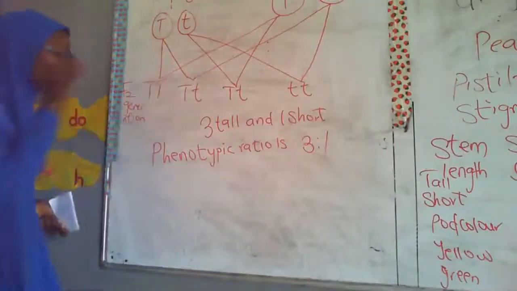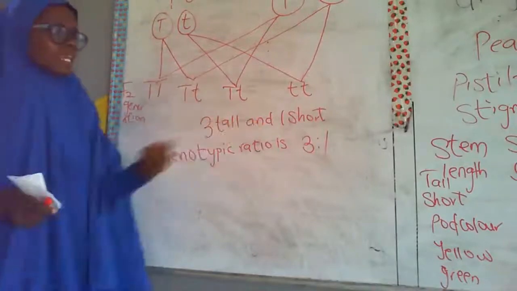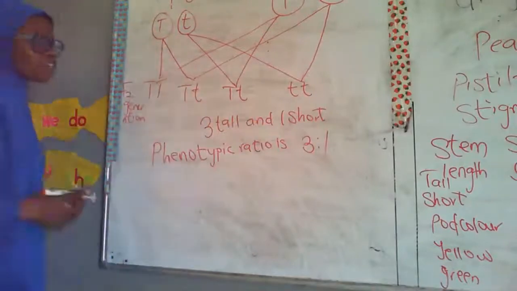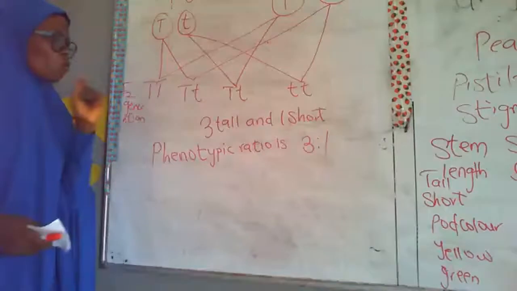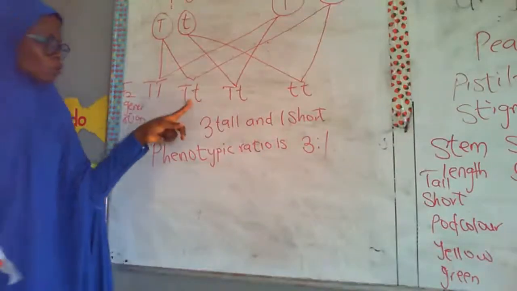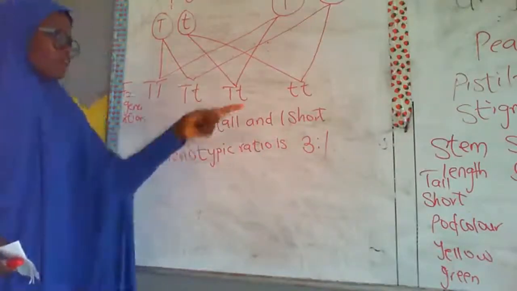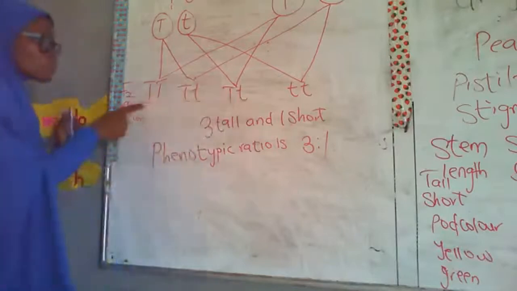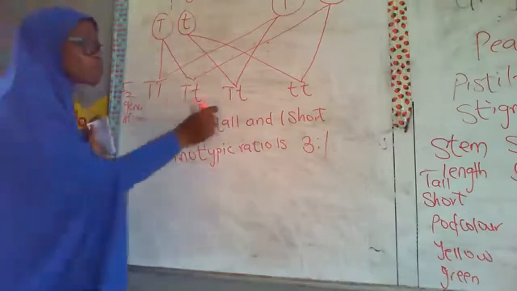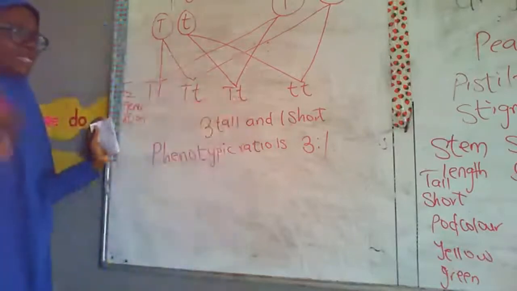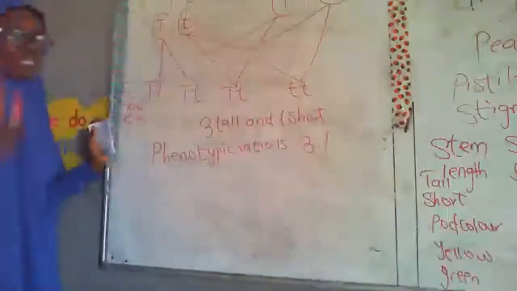But the genotypic ratio is the number of pairs of alleles. How many pairs of alleles do we have here? We have 1 homozygous pair for tall, but 2 heterozygous pairs, then 1 homozygous recessive pair.